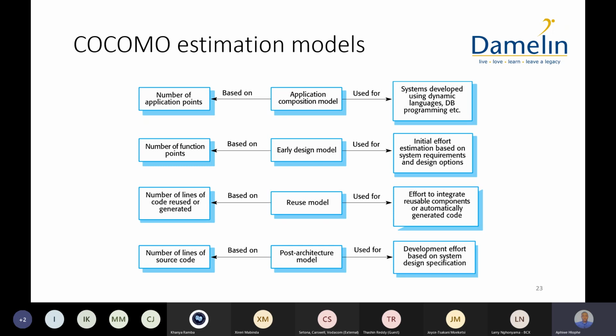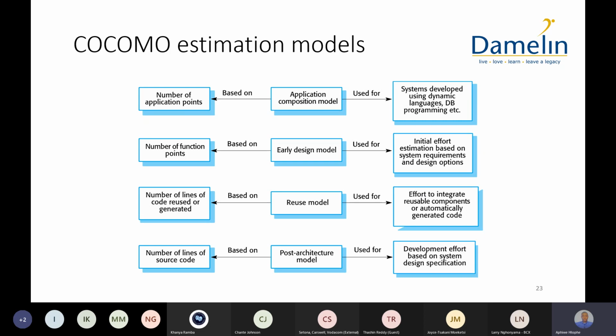At the same time, remember that although you are using number of lines of code reused or generated, you're still going to write some lines of code because projects include code written by the development team and reused components, okay? So you may need to mix estimation methods here by looking at the features that you wrote by yourself and also by looking at the components that you purchased externally.